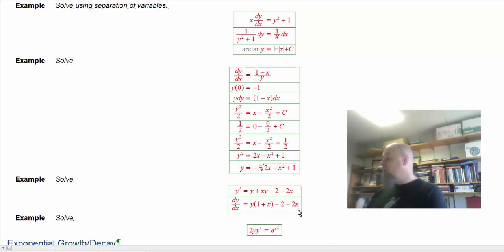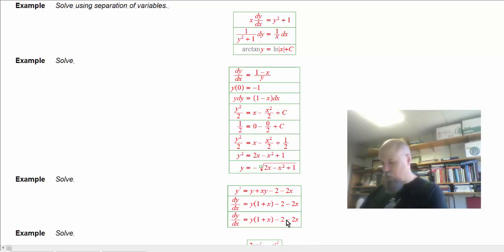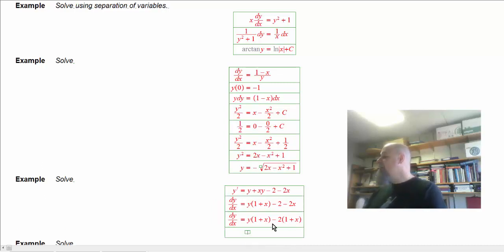Now I can factor out a minus 2 out of that side. And across this minus sign, I can factor an x plus 1, or 1 plus x bracket. I get y minus 2, x plus 1.